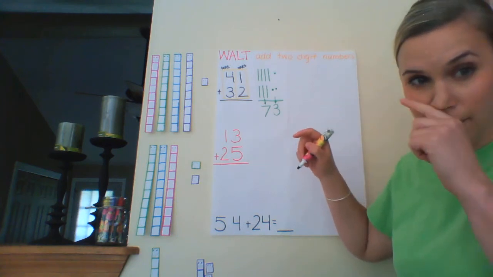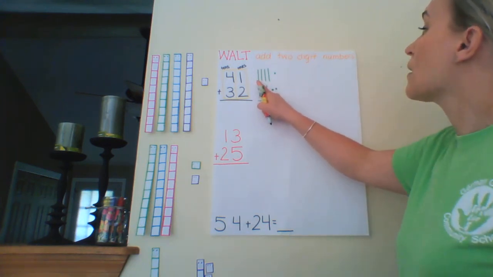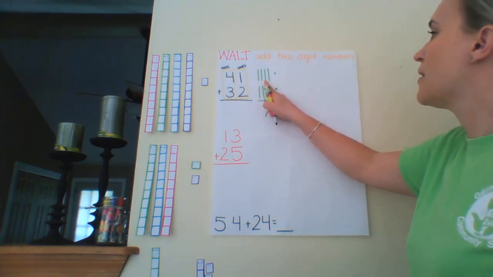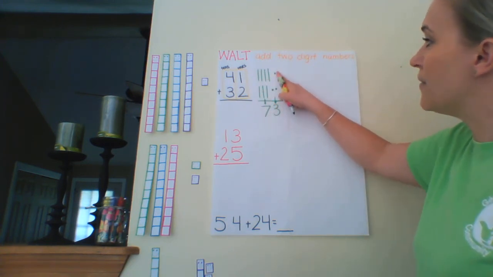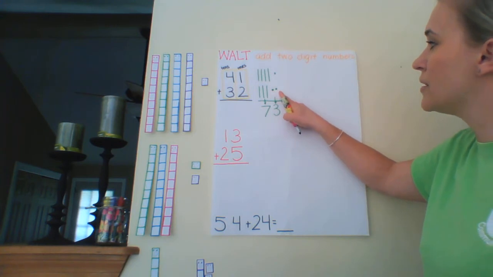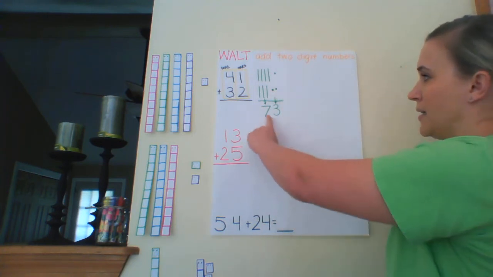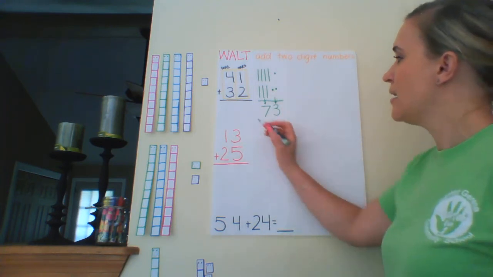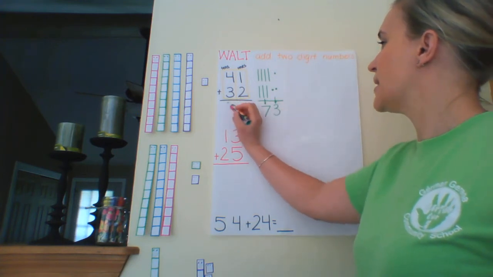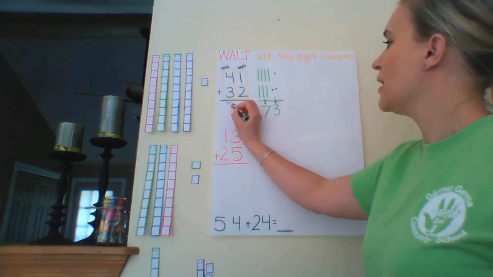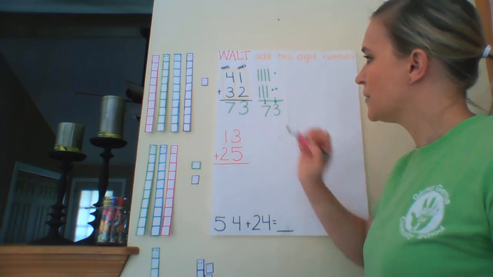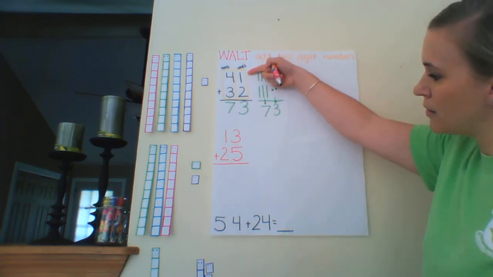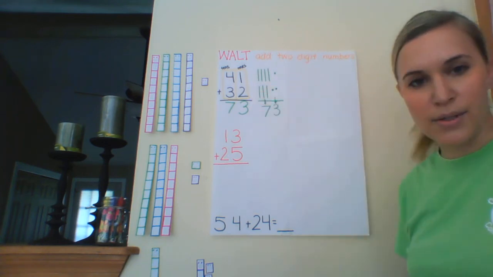Count all the tens from both numbers: 10, 20, 30, 40, 50, 60, 70, 71, 72, 73. And this number is 73. So I can write 73. So 41 plus 32 equals 73.